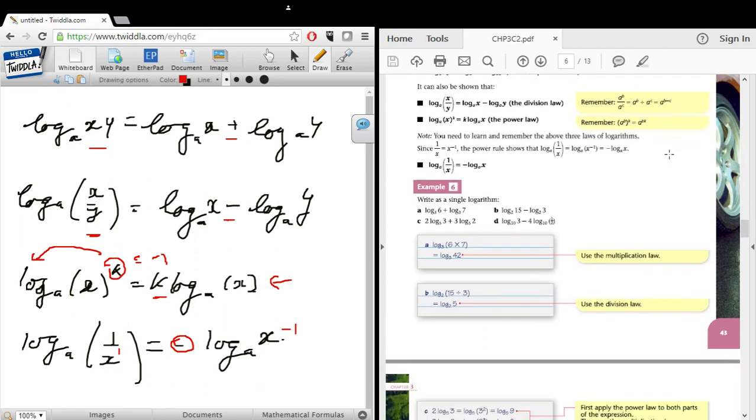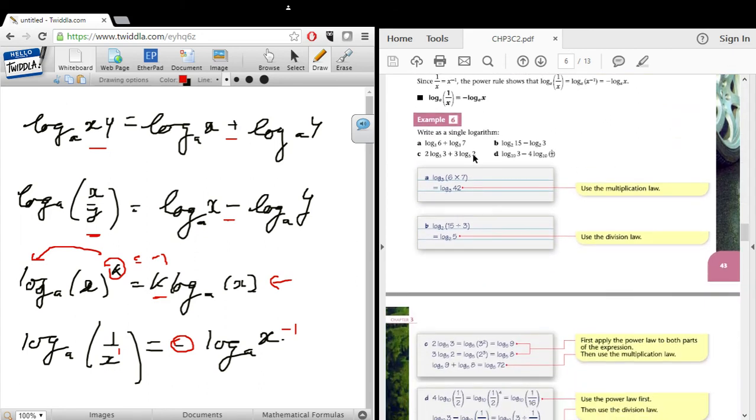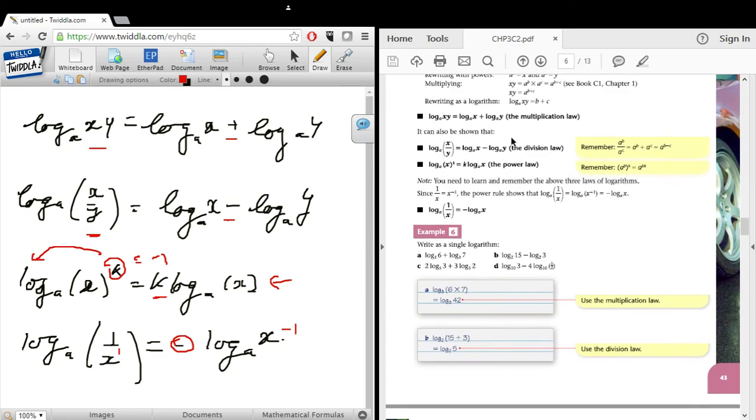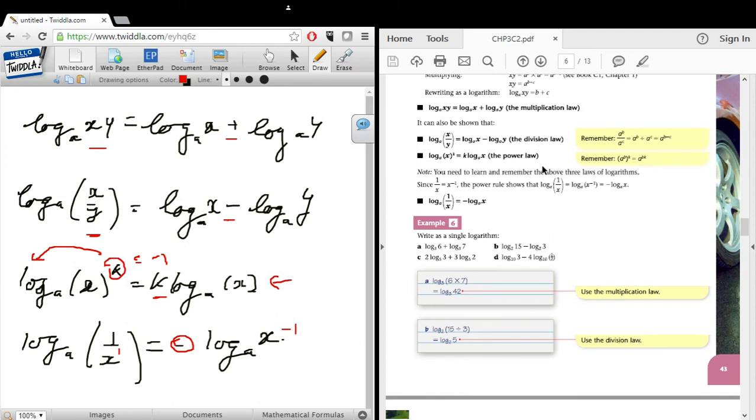And so you're tasked with finding the single logarithm. So you can see what they've done here. They've just, in this particular one, used the rule of multiplication, the rule of division, okay, and the power rules here are used, and the rule of multiplication, okay, the law of multiplication, sorry.